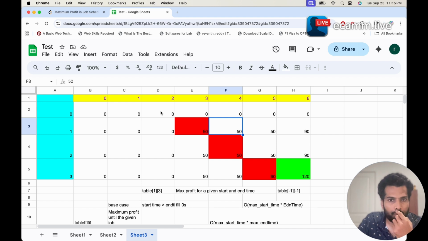For example, if I wanted to know the maximum profit at 1 comma 4, I can just directly look it up, which is 50. What is the maximum profit at 2 comma 5? It's 50. Same thing with whatever, irrespective of whether there is a job with those start and end times.